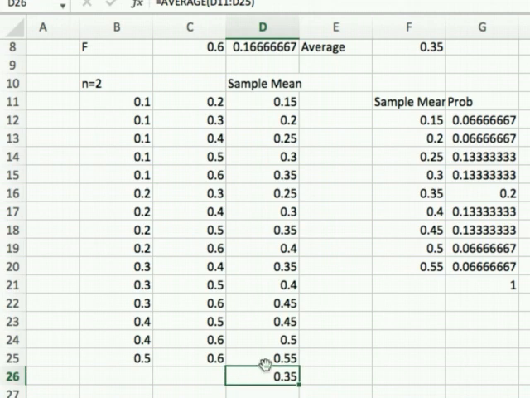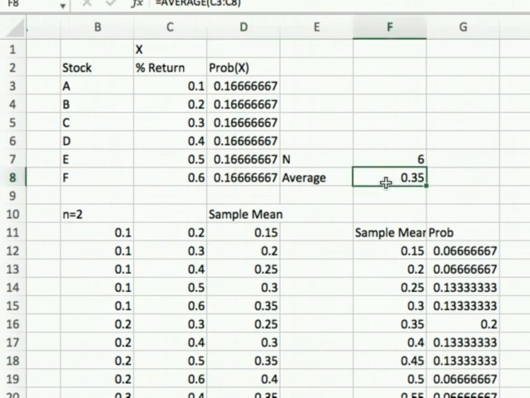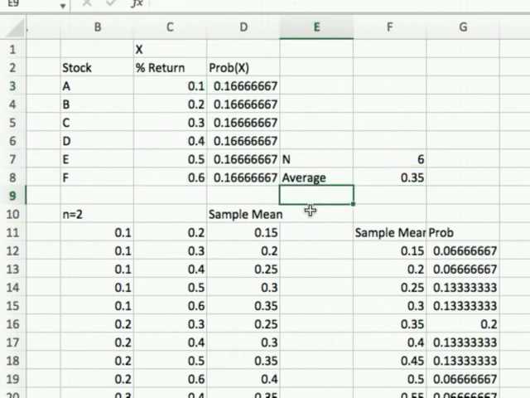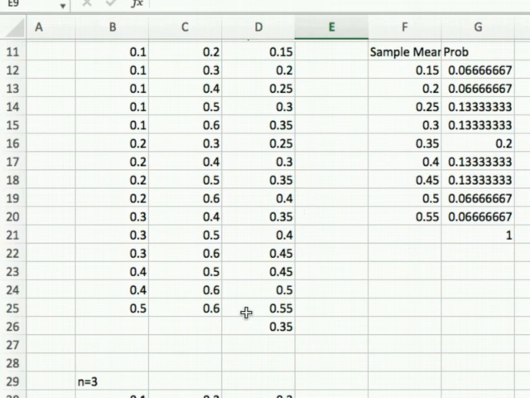So when computing for the average, we will get 35%, and again, that's equal to the average of the 6 stocks. So again, that's the first property, which makes the sample mean, again, an unbiased estimator of the population mean.